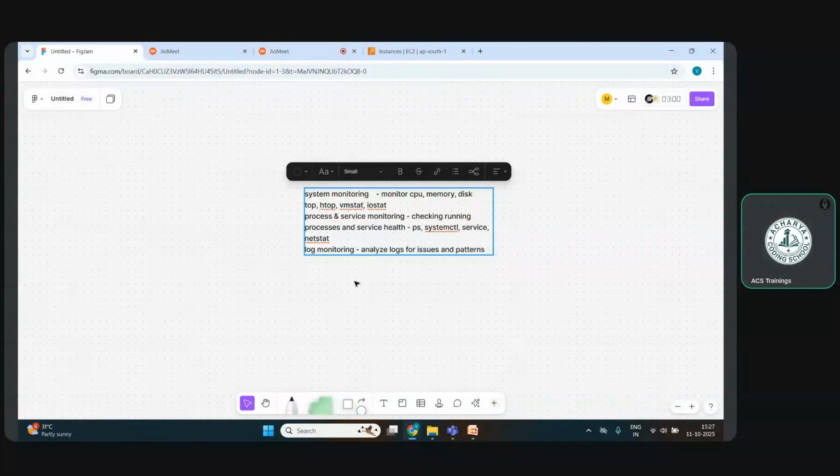If you are getting any issues, we can take the help of log monitoring and resolve the issues. We have commands called tail, grep, and less. These are examples of log monitoring.